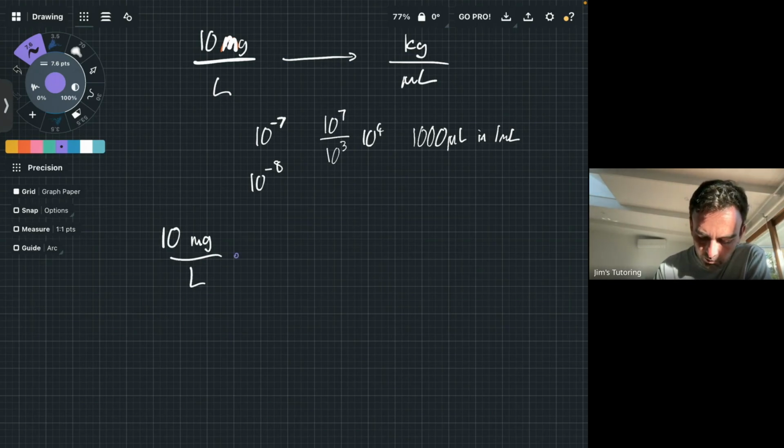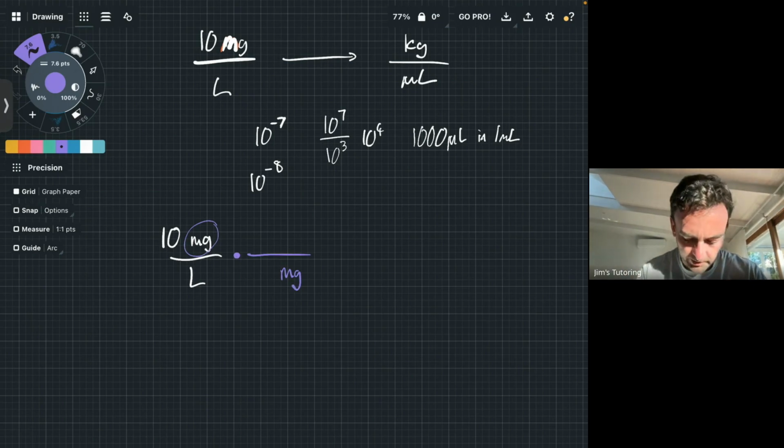So the process is: first step, identify the unit. Second step, put it on the other side of the fraction. Third step, put the other unit. Sometimes you need to actually balance the side where you're putting the first unit.